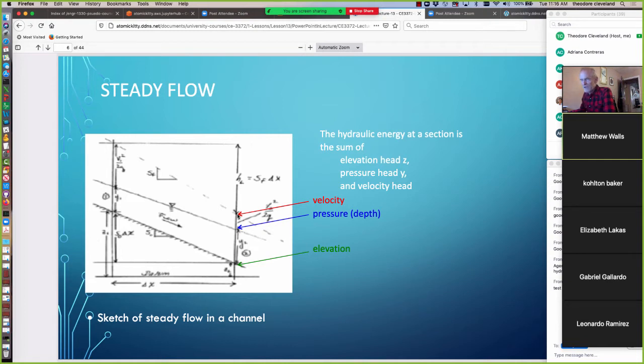We can't see them yet. You need special goggles for that. This distance is proportional to the square of the velocity of the flow. So the hydraulic energy at a section is comprised of the elevation head, which is directly proportional to the elevation Z, the pressure head, which is directly proportional to the water depth Y, and the velocity head, V squared over 2g, usual meaning.